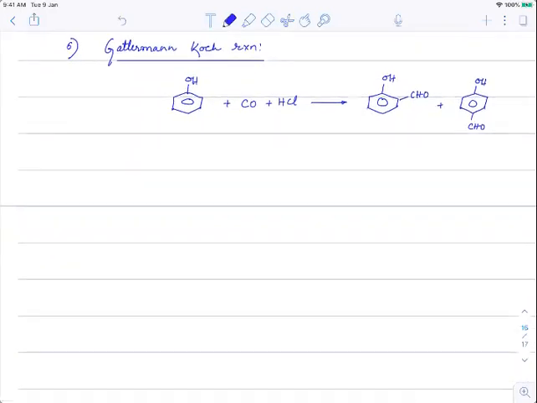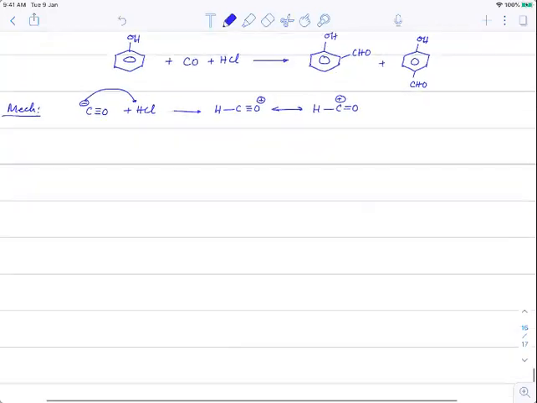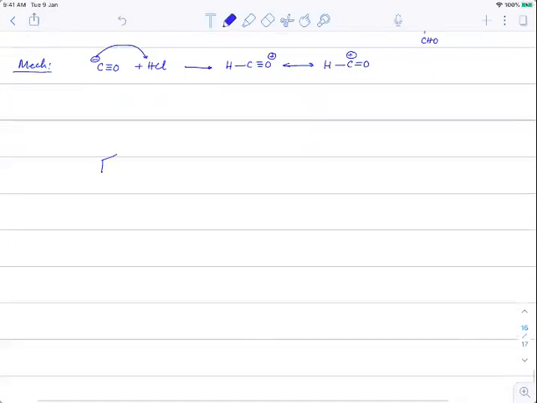So let me show the simple steps of the mechanism. So we have C triple bond O minus. If you treat that with HCl, it will take H plus and form HC triple bond O plus. Carbon is highly positive. In fact, if I write the resonating structure, it is like this, with positive charge on it. So benzene, phenol can easily react onto that.